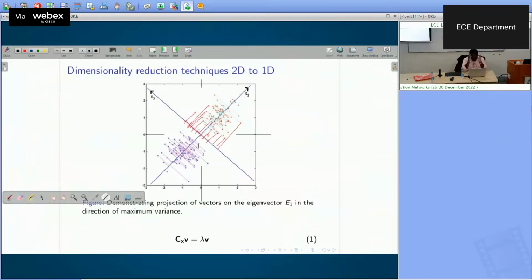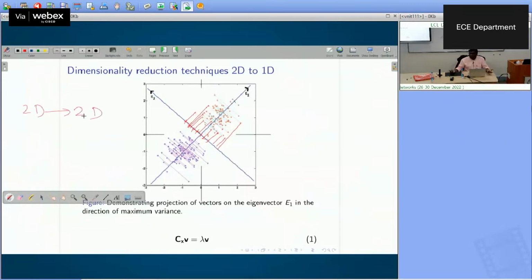So I get the same set of points, but when I project on the standard basis, I get the original 2D representation. But when I project that same data using E1 and E2, we get different coordinate values. What is the deal? I'm getting 2D to 2D. Originally it was 2D, and now also it is 2D.